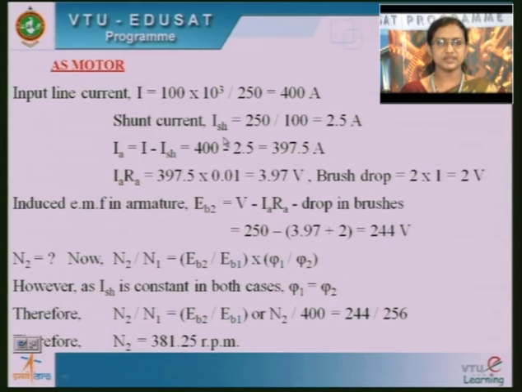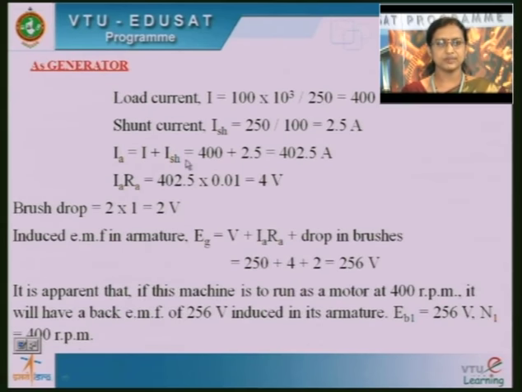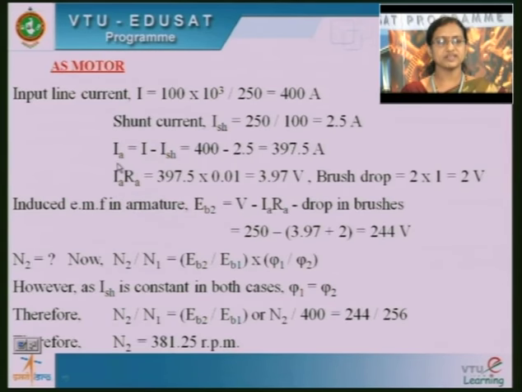The shunt current ISH is V divided by RSH, which is 2.5 amps, but in this case IA is the difference between I and ISH. In the previous case, IA was equal to I plus ISH when working as a generator; when it is working as a motor, IA is equal to I minus ISH. So we are getting 397.5 amps.